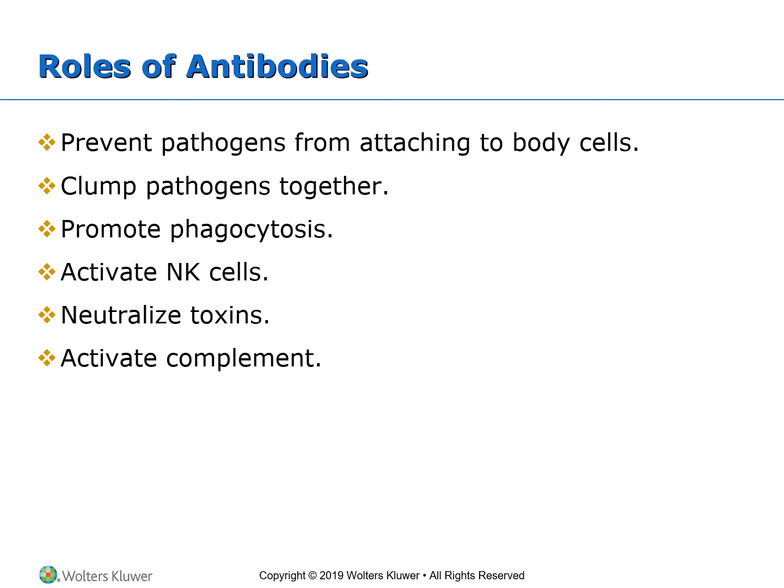However, they do assist in the immune response. As an example, they will prevent the pathogen from attaching to another cell. They will help with phagocytosis, by being so big the body cells will recognize the pathogen, will activate natural killer cells, or by binding on them, can actually neutralize toxins.